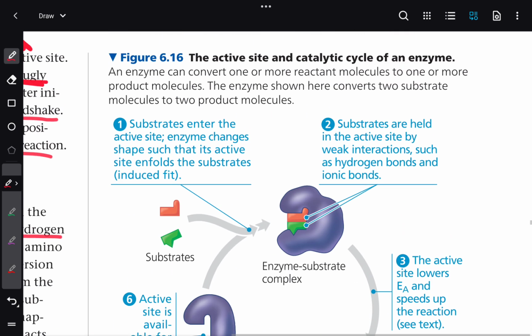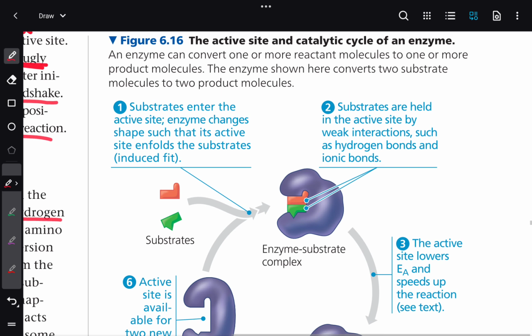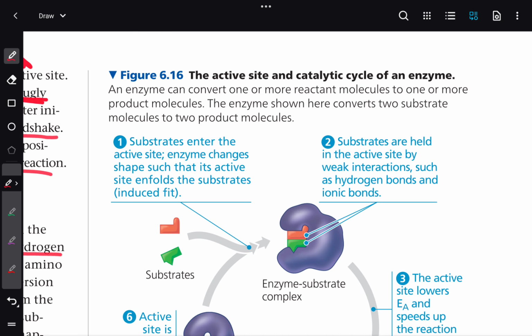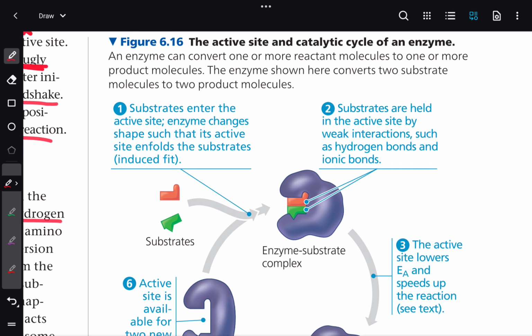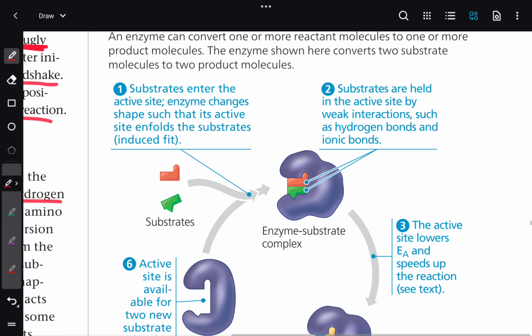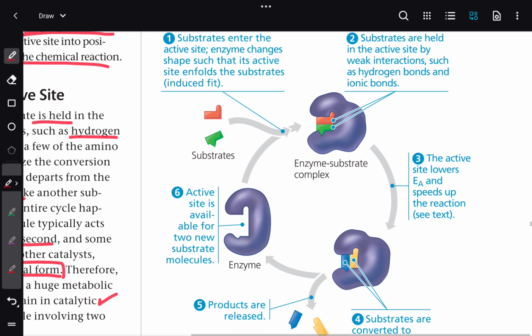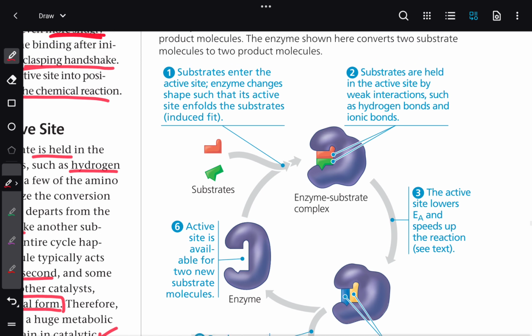Okay, the active site and the catalytic cycle of an enzyme. These are the general functions or work done by the enzyme. First, the substrate enters the active site.